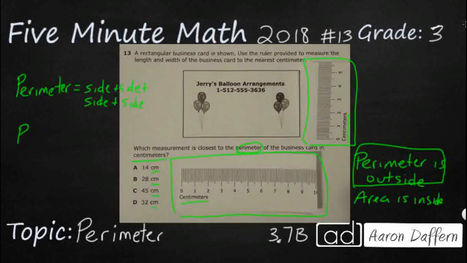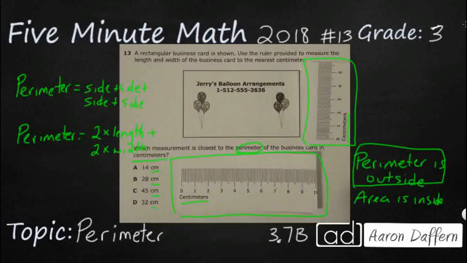For a rectangle, we can look at a different equation: 2 times the length. We're going to double the length, and then add that to doubling the width. Double the length, double the width. I'll show you how both of those work just the same.